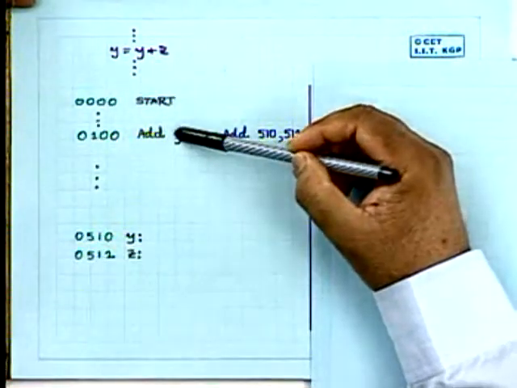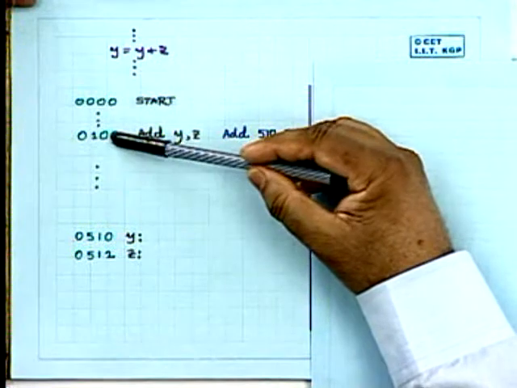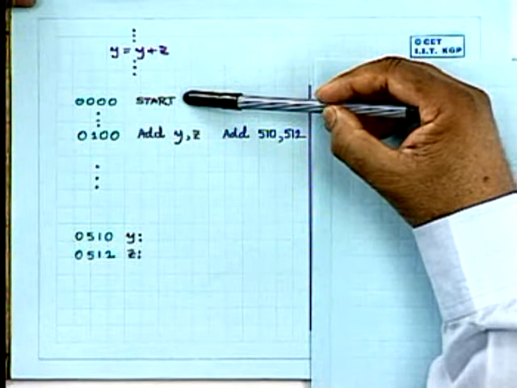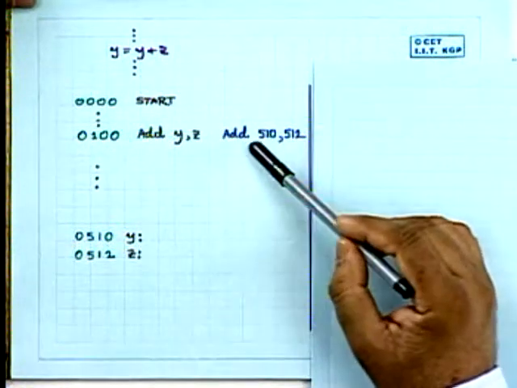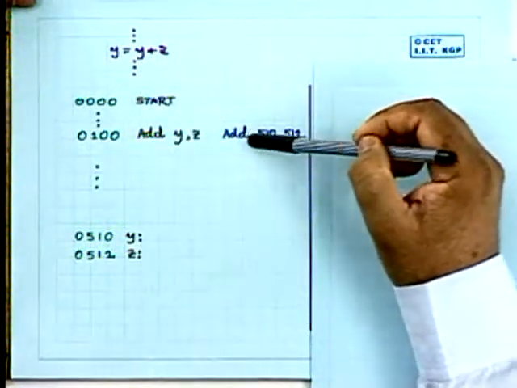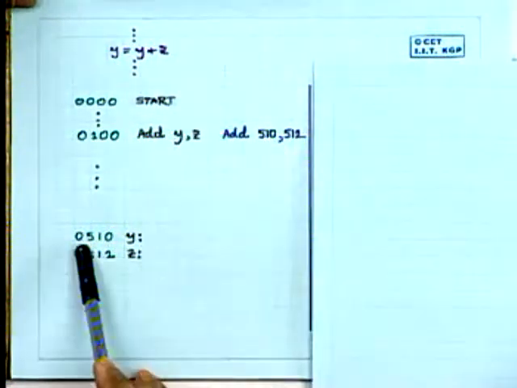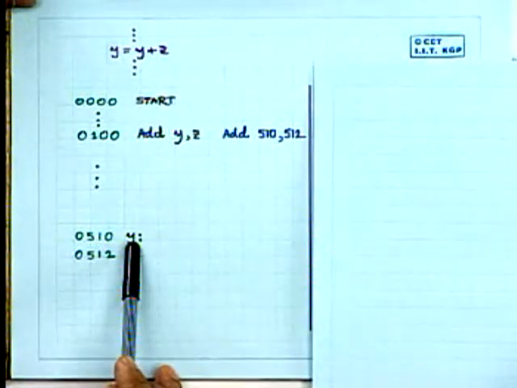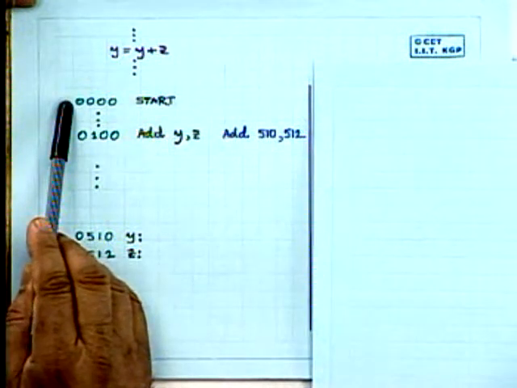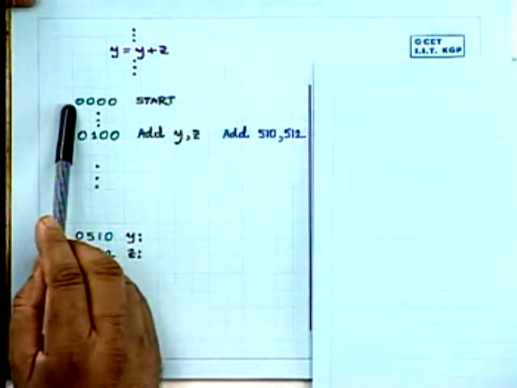That particular instruction has been assembled starting from location 0100 with reference to the start of the assembly language program, which the assembler will translate into add 510 to 512, where 510 is the address location of y, given as a relocatable address from the beginning of this program, and 512 is the relocatable address of z from the beginning of this program.